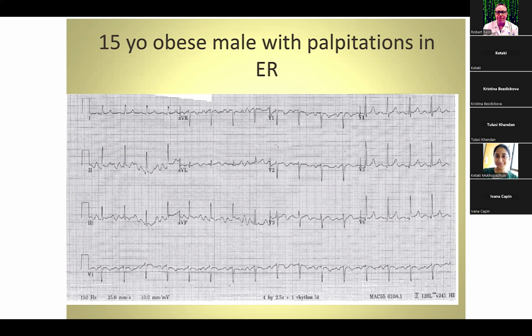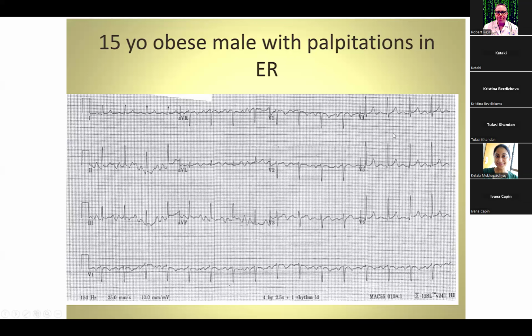I see upright P waves in 1, and then in 2 and 3, I don't really see them.